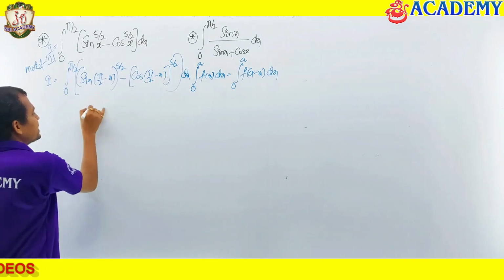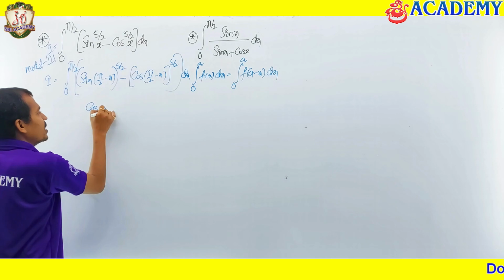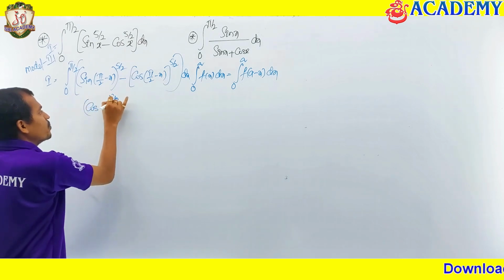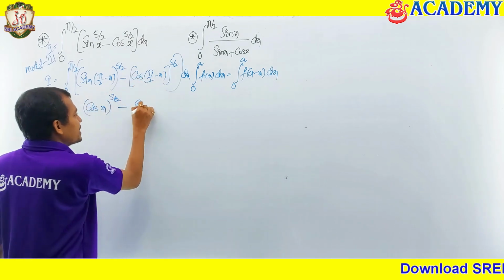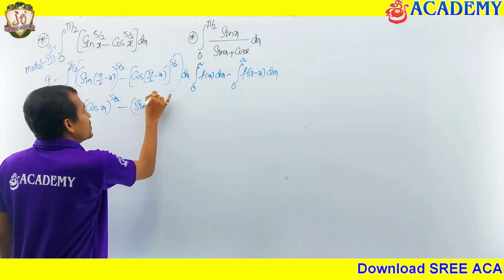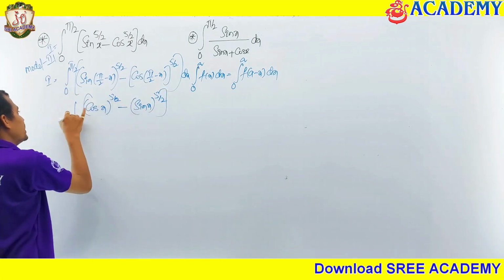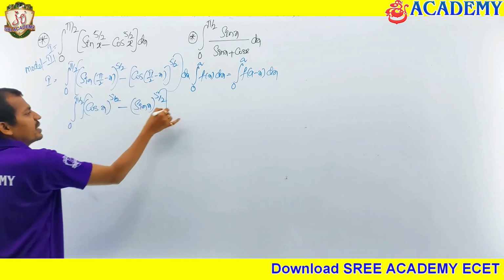Sin 90 minus theta is always cos theta. Cos 90 minus theta is always sin theta. Integral 0 to π/2 dx.